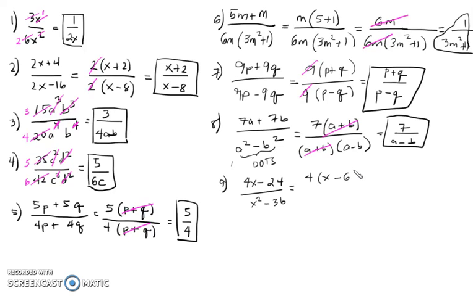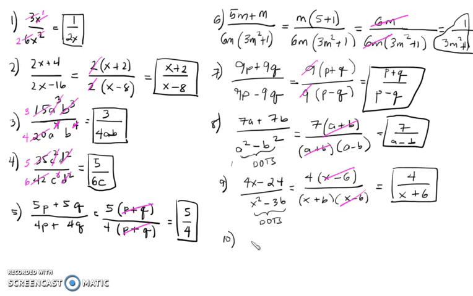All over, again, this is a difference of two squares, so get the product of the sum and difference of the two terms. That would be (x plus 6)(x minus 6), and as you can see, we can cancel out (x minus 6). That would give us an answer of 4 over (x plus 6).